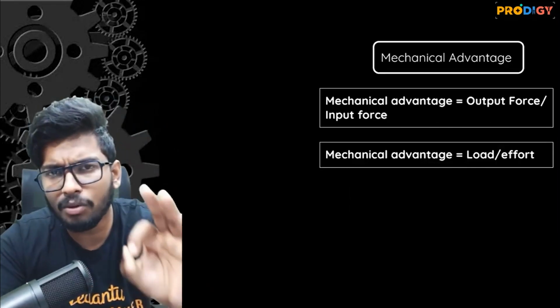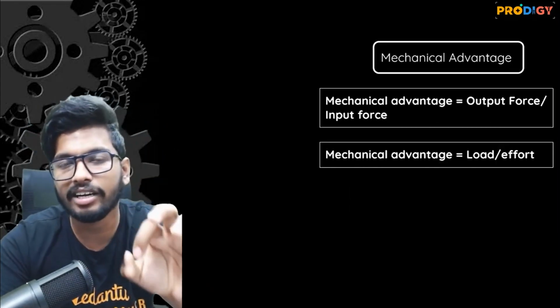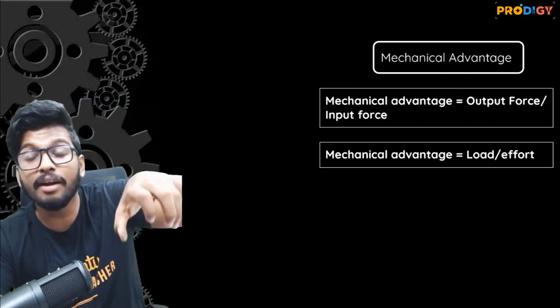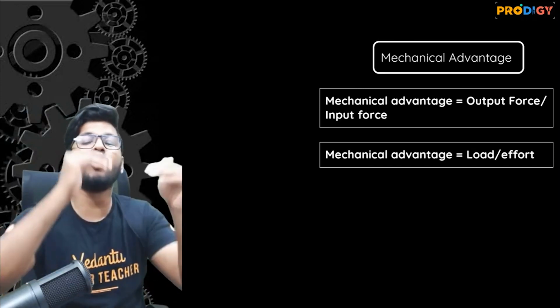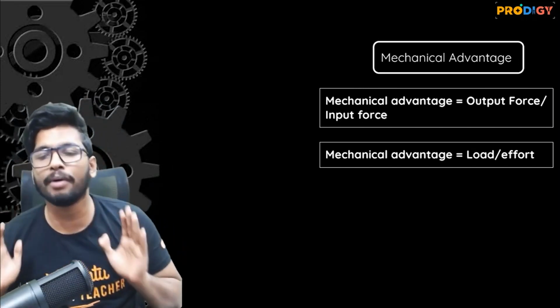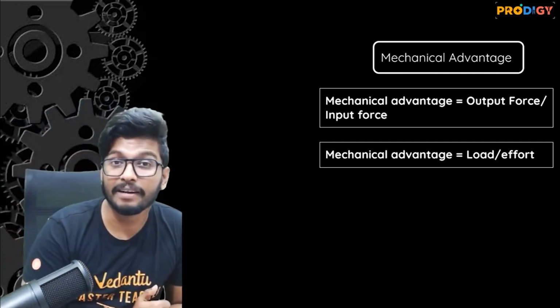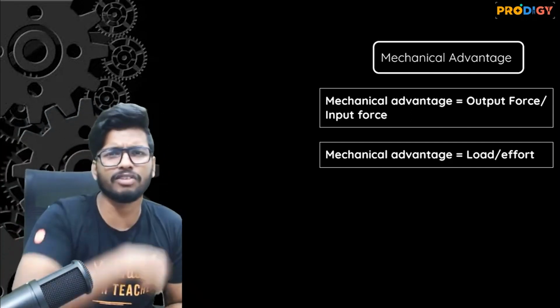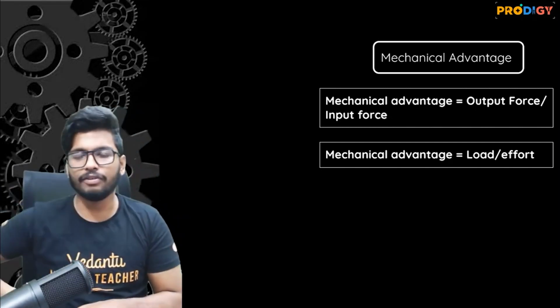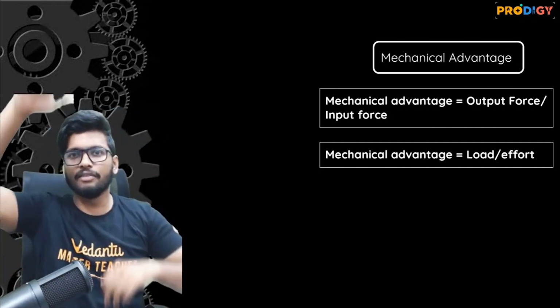The first thing I want to talk about is what is mechanical advantage. In simple words, guys, mechanical advantage is nothing but the ratio of output force divided by the input force. Now, what do I mean by that? See, guys, let's take the example of the jack. All right. So you apply some force on the jack, on that effort arm, and the load is being lifted up.